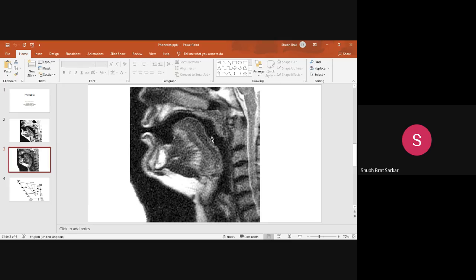But we must remember that this classification is based on our analysis of monophthongs. English RP has 20 vowels. These 20 vowels are further classified into two types: one, monophthongs, number two, diphthongs.